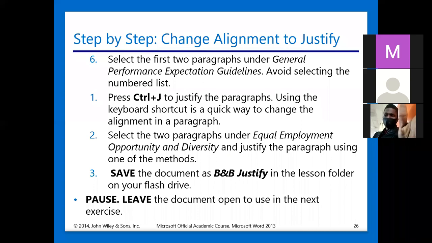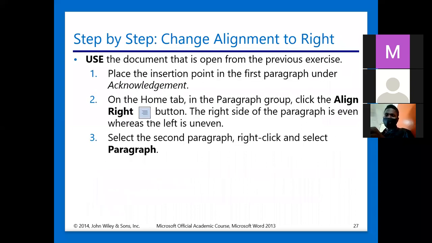And we have a pro tip. Notice that you can also achieve the exact same thing by using a shortcut, Control and J. This should also align everything using the justified method.